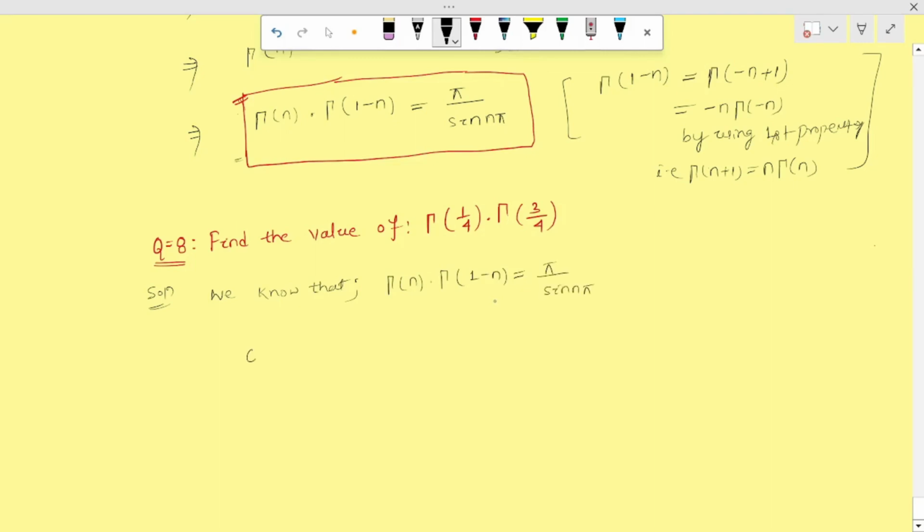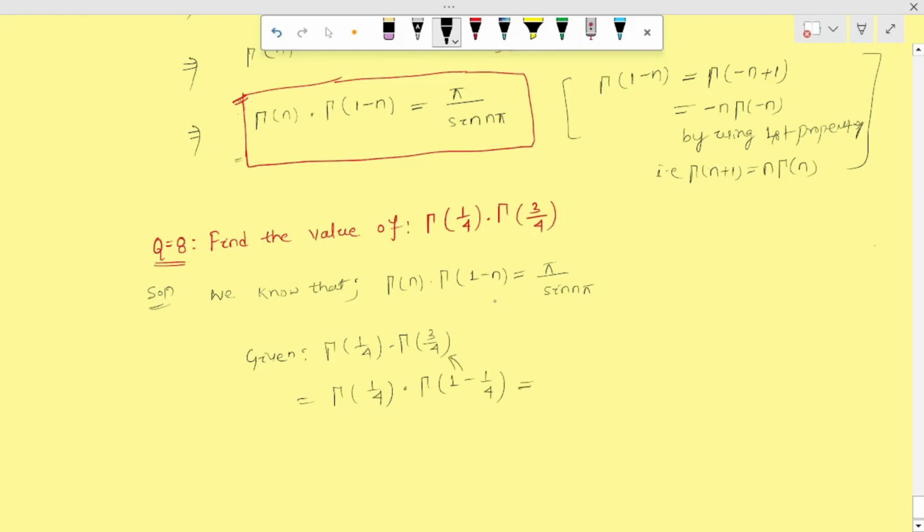So here in your question it has been given gamma 1 by 4 into gamma 3 by 4. This can be written as gamma 1 by 4 into gamma 1 minus 1 by 4. 1 minus 1 by 4 is nothing but 3 by 4.